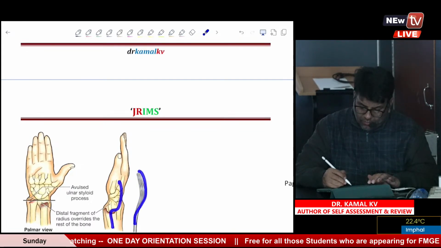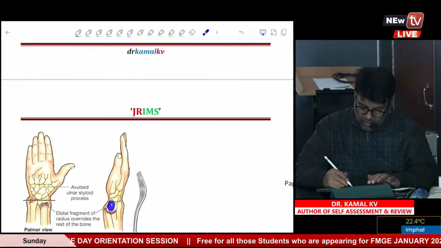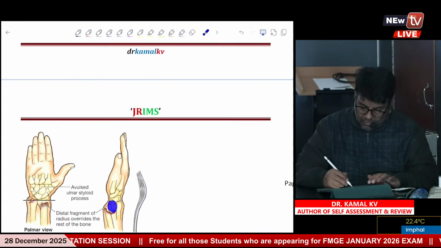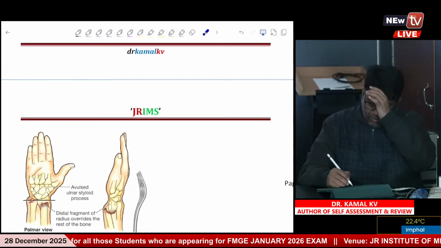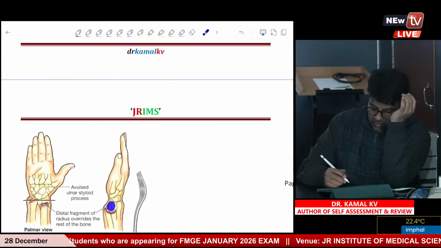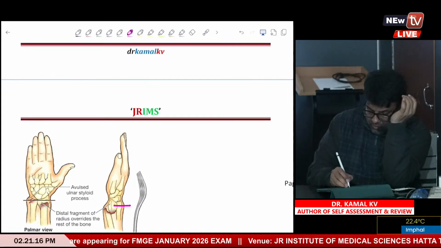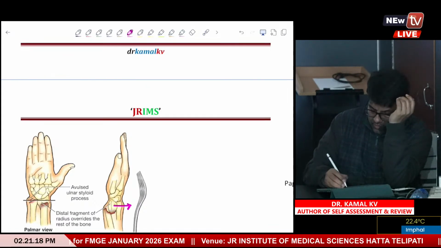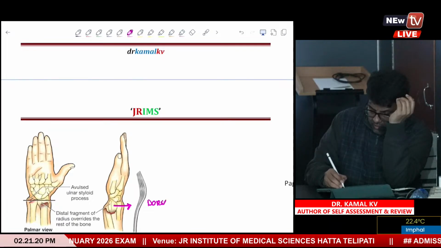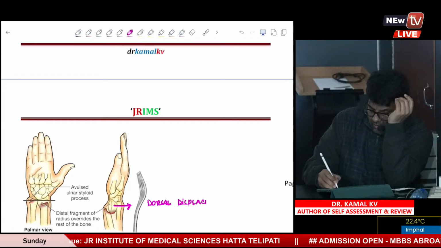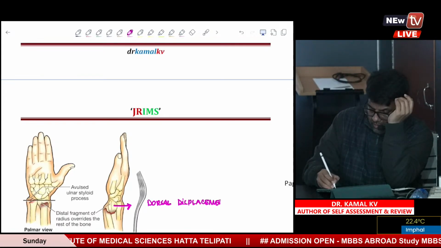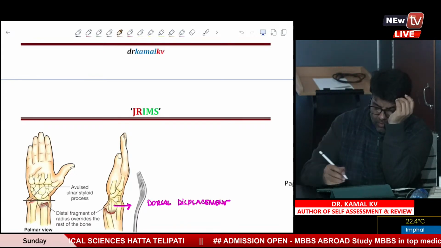This is because of dorsal displacement of the distal fragment. Dorsal means it is going backward. So dorsal displacement of the distal fragment.